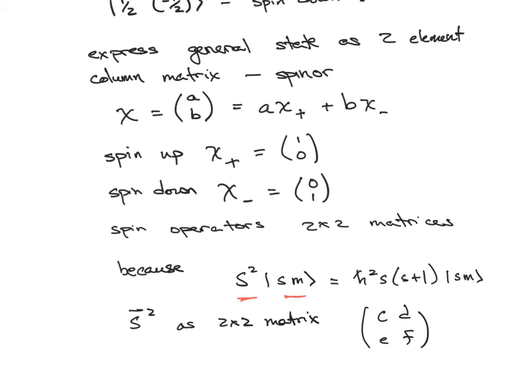Whew, okay, so let's keep track of all those things. Our first equation that we're going to look at is for our spin squared. We've got that 2 by 2 matrix, right? So this is our first equation, and we've got our spin up spinner.